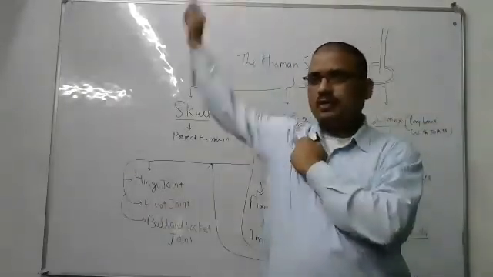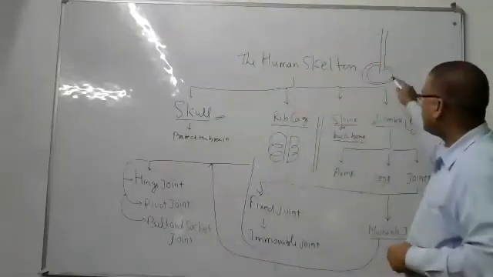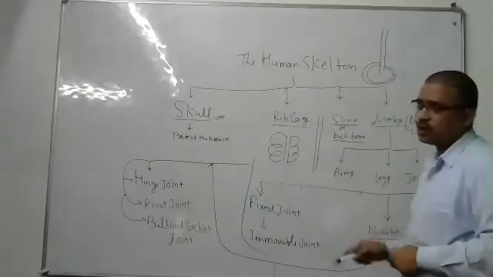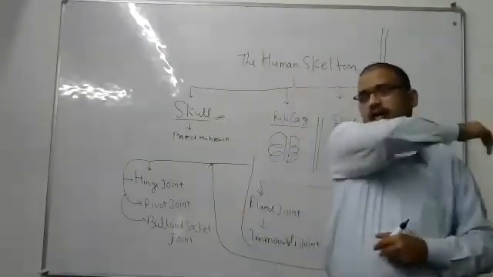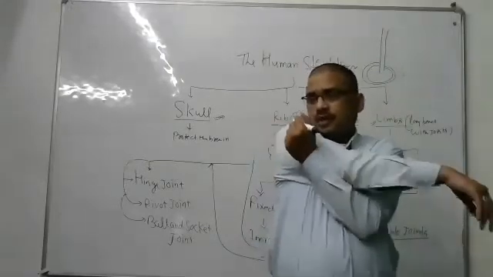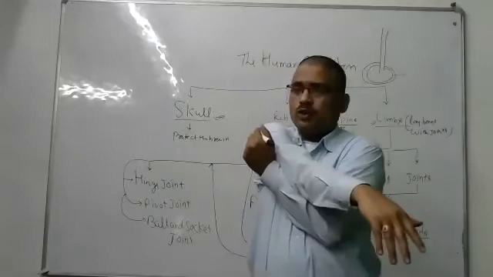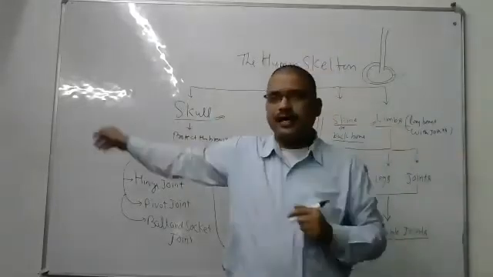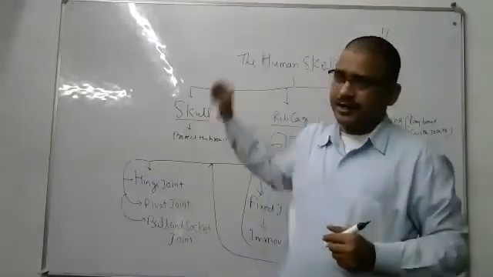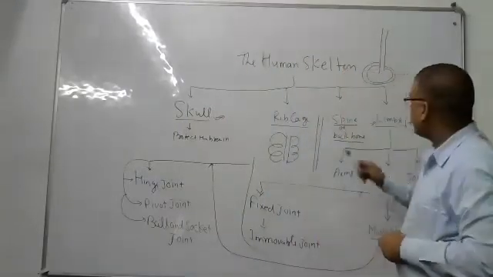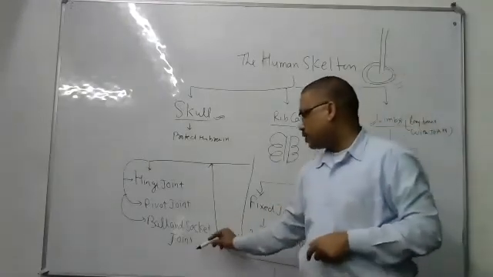This kind of joint provides motion in all directions. That's why we can exercise our shoulder left and right, and also rotate it in all directions.